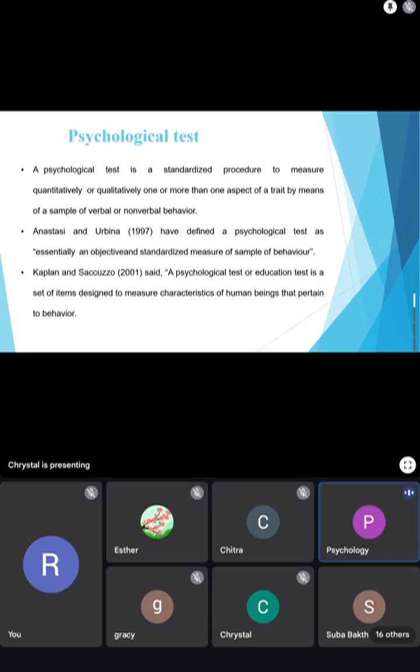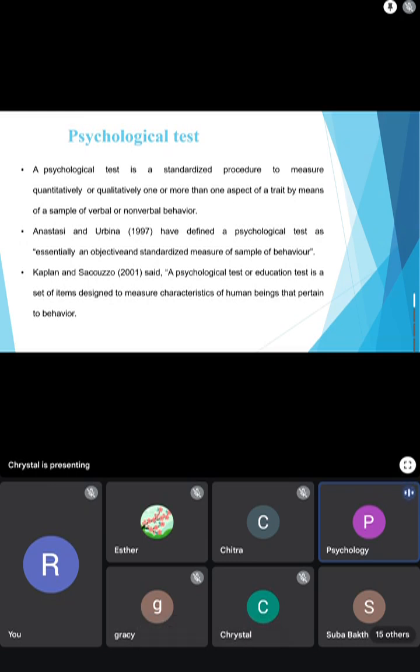Yeah, page number 214. They explain what a test is, the meaning of a test. It is a standardized procedure to measure quantitatively or qualitatively one or several aspects of a trait by means of a sample of verbal or non-verbal behavior.